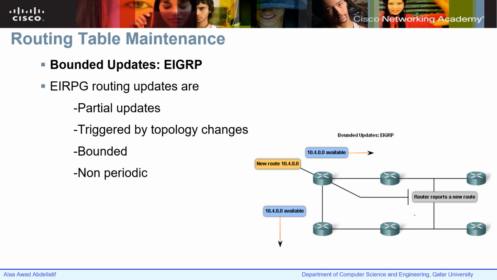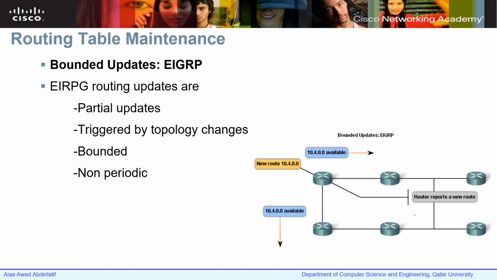What we mean by partial updates is that I will not send the whole routing table. I will send the part of the routing table that may change. So this is the first update in EIGRP. But again, it's still a distance vector routing protocol, just a special case.